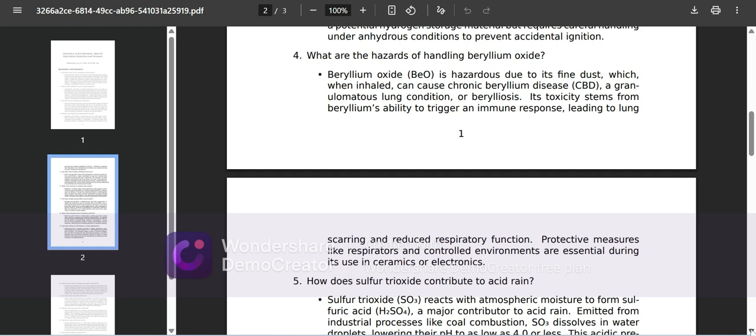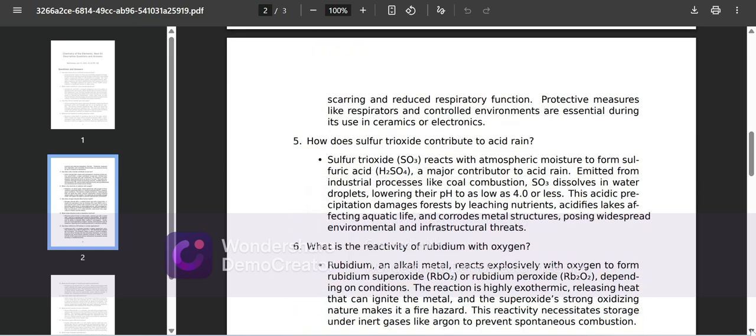Its toxicity stems from beryllium's ability to trigger an immune response, leading to lung scarring and reduced respiratory function. Protective measures like respirators and controlled environments are essential during its use in ceramics or electronics.